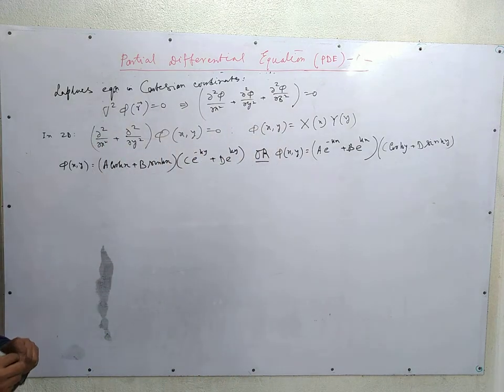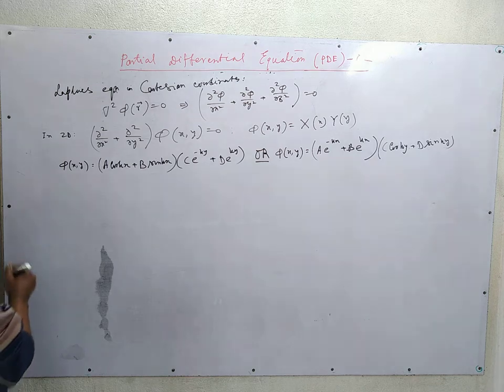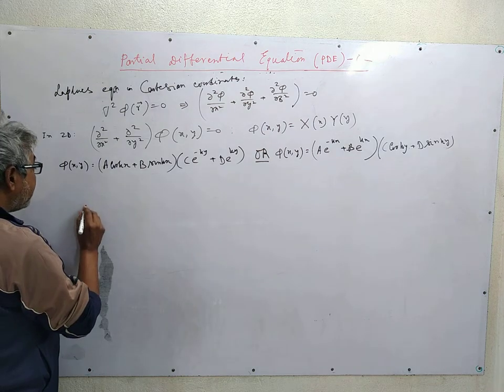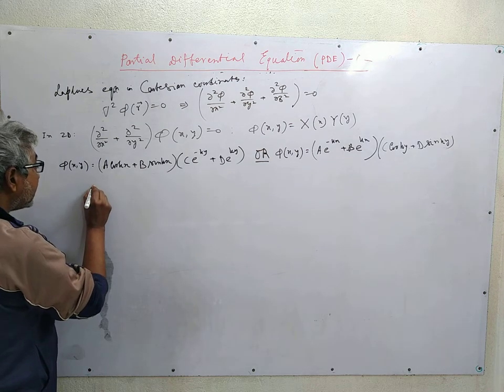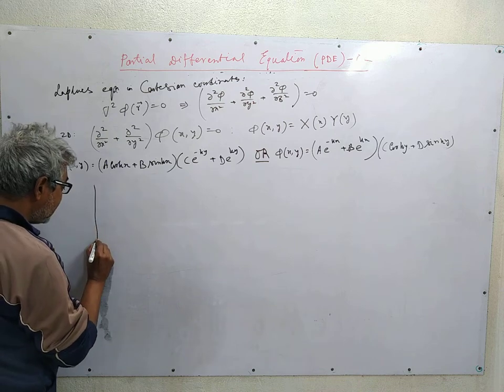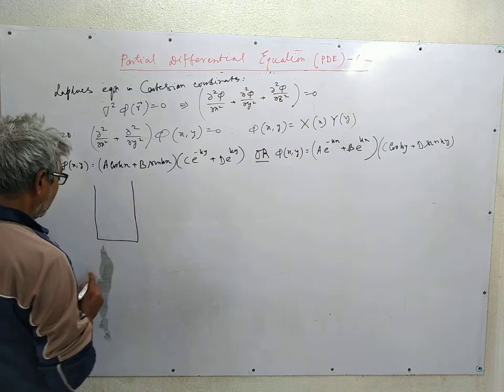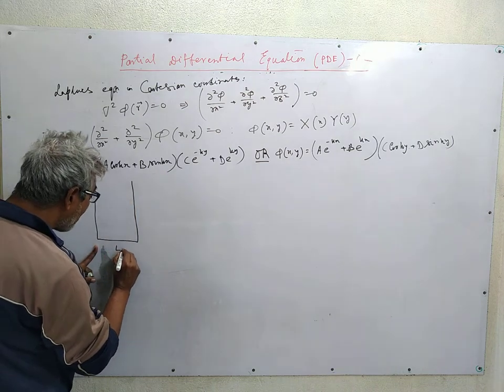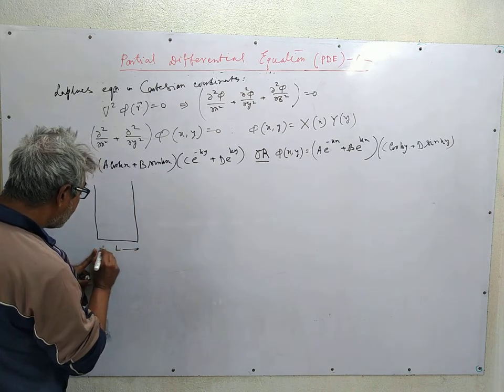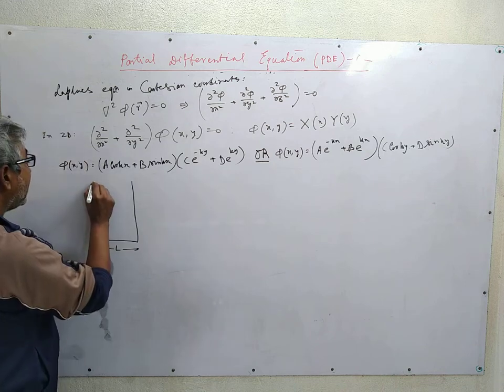Let us consider a situation in which we have an infinitely long sheet with width L. This is L, and it goes to infinity.